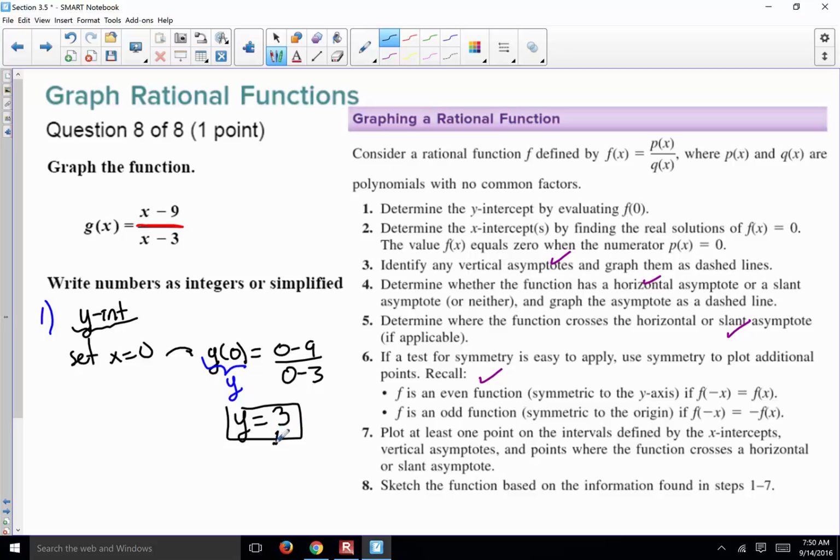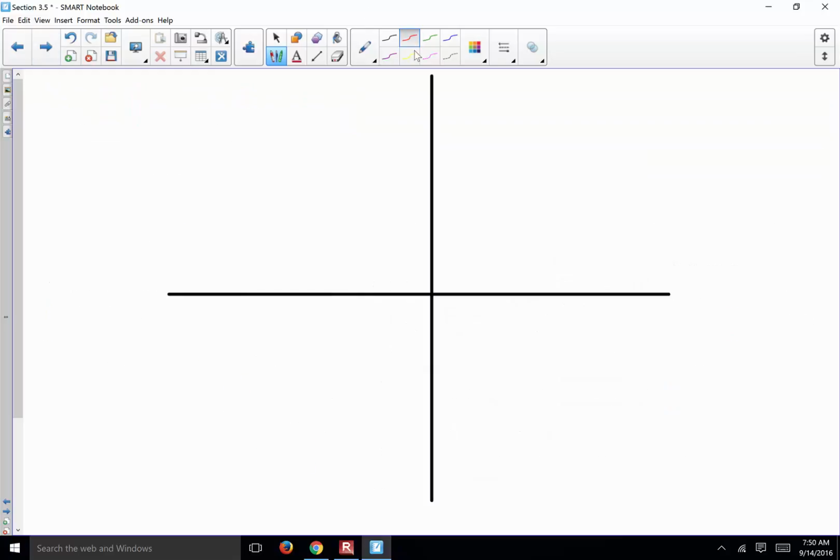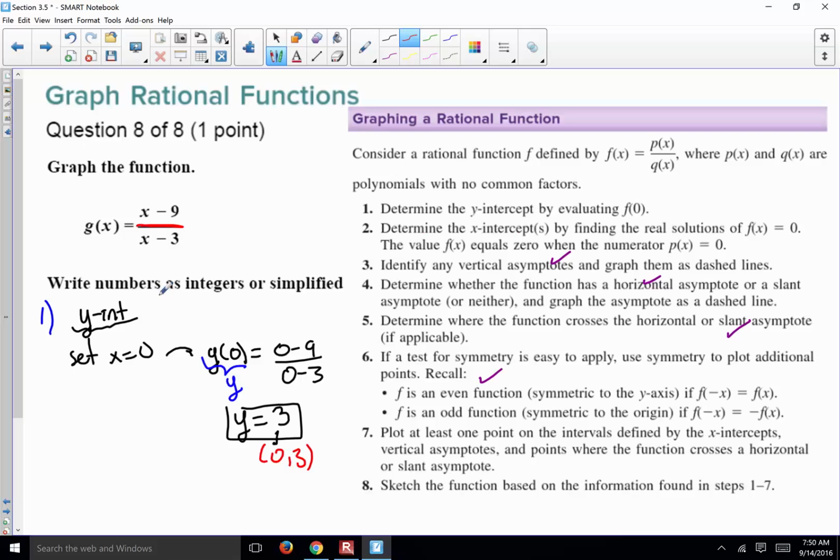It's technically x-coordinate is 0. So 0, 3 found. I'm going to mark it.